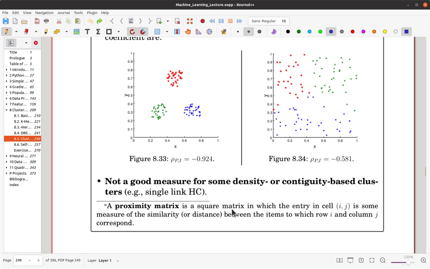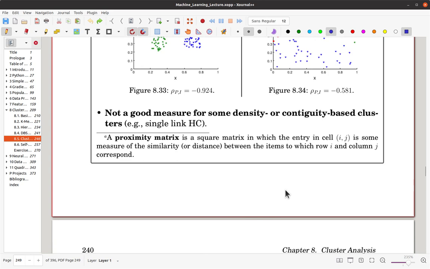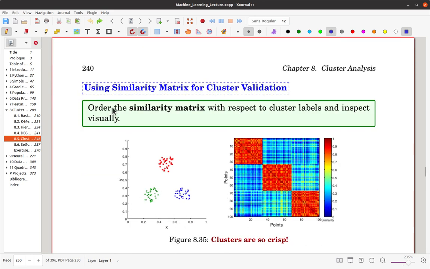But the correlation is not a good measure for some density-based or contiguity-based clusters. Now, another application of using the similarity matrix is here. We order the similarity matrix with respect to the cluster labels and inspect it visually. That is the strategy.